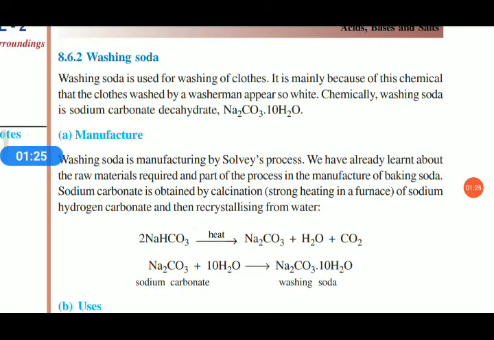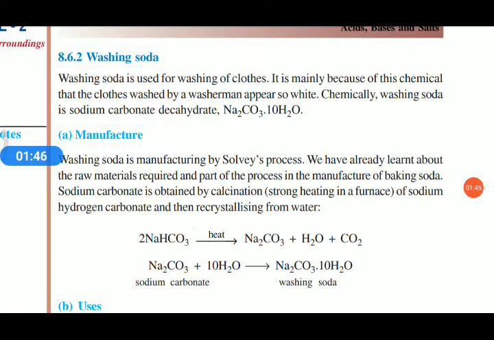Its manufacture, we already discussed in the manufacturing of baking soda, is Solvay's process. We get baking soda as an intermediate product for the preparation of washing soda.